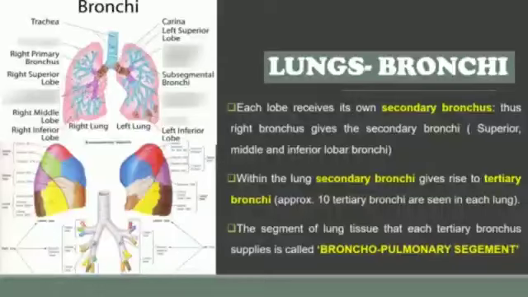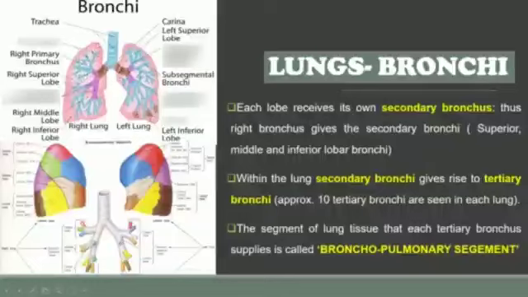The secondary bronchi is otherwise called lobar bronchi because each lobe of the lung receives one. Since the left lung has only two lobes, it has only two secondary bronchi. Then the secondary bronchi again divide into tertiary bronchi. There are approximately 10 tertiary bronchi in each lung.